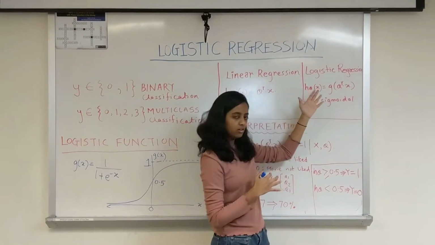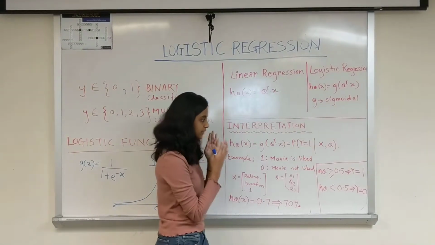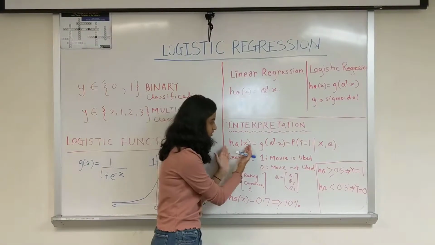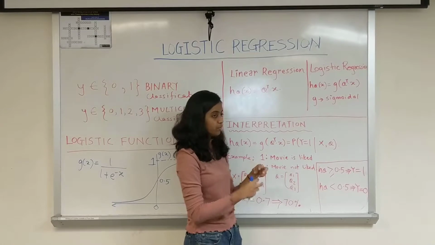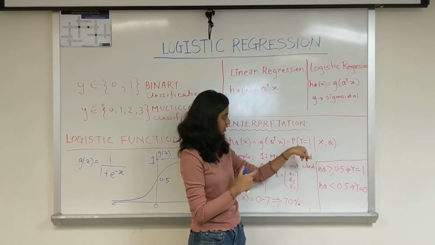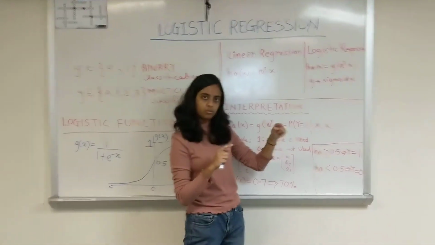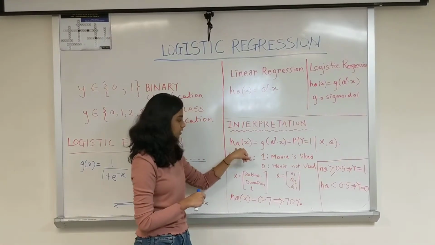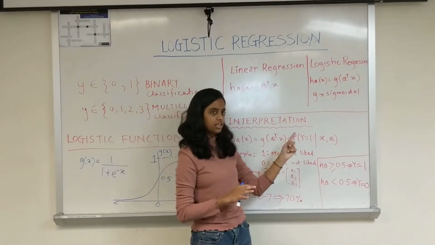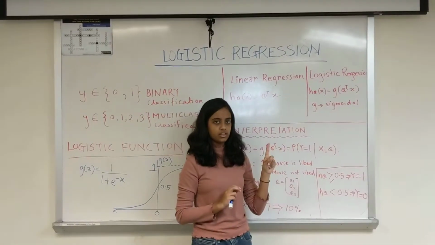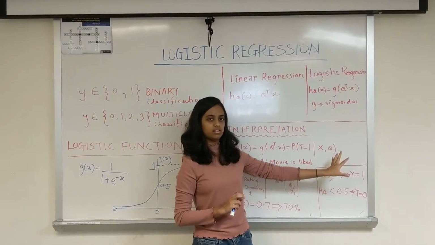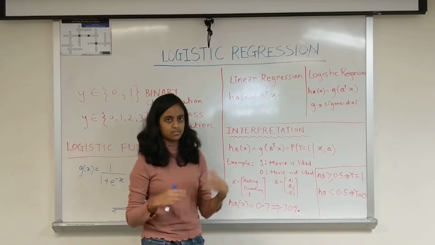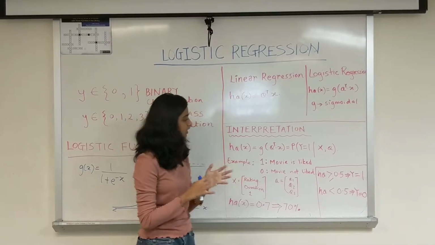The meaning is basically that the hypothesis gives us the probability that your output variable is 1 given x and theta. So our hypothesis is nothing but the probability of the output being 1 given a certain x and a certain theta. I'll explain this in more detail with an example.